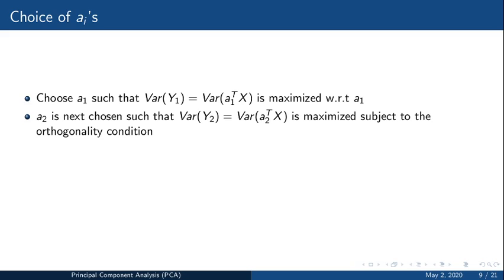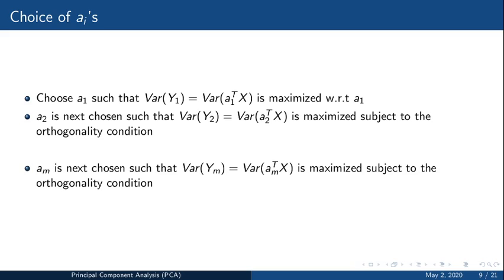Now A2 is chosen such that the variance of Y2, equal to the variance of A2 transpose X, is maximized, and it should be orthogonal to the previous vector chosen, A1. And so on. AM is chosen such that it is maximizing this variance, and the orthogonality condition is met with all A1 to AM minus 1.